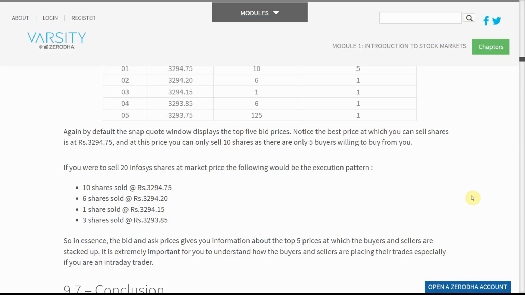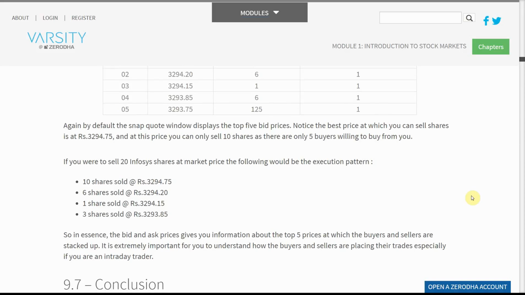If you were to sell 20 Infosys shares at market price, the following would be the execution pattern. 10 shares sold at 3,294 rupees and 75 paise. 6 shares sold at 3,294 rupees and 20 paise. 1 share sold at 3,294 rupees and 15 paise. 3 shares sold at 3,293 rupees and 85 paise.